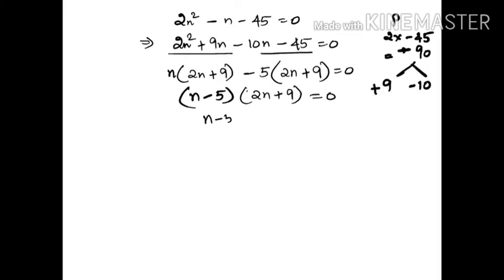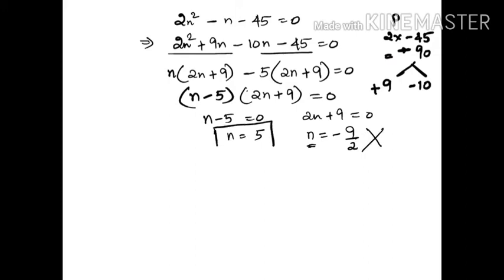Equating each bracket to 0, we get n equal to 5 and n equal to minus 9 upon 2. Since n is the number of terms in the series, it cannot be negative. So the answer is 5.